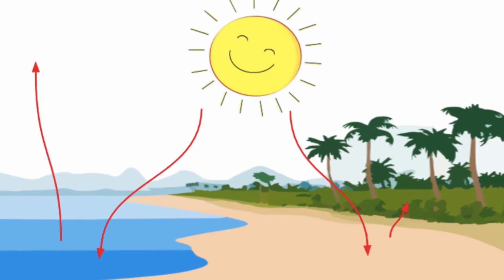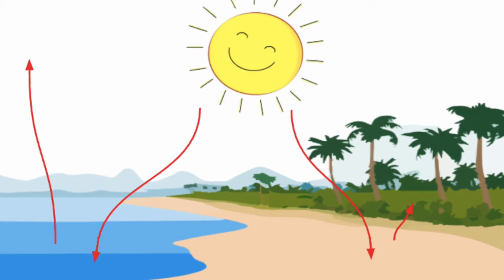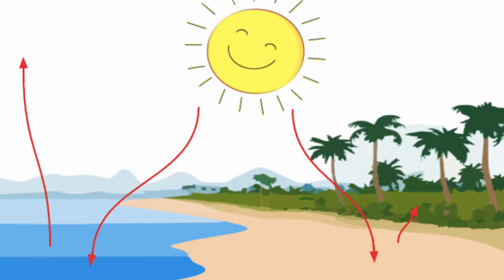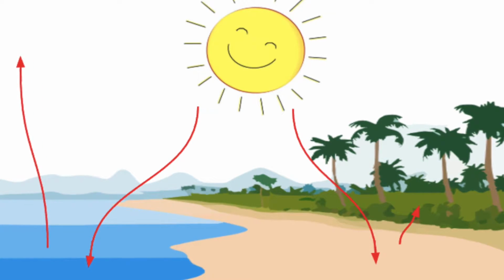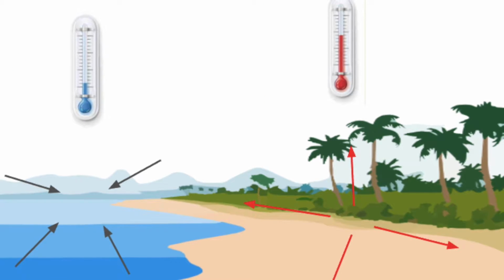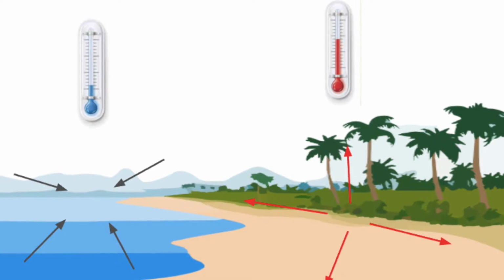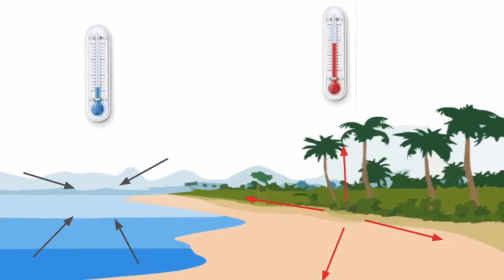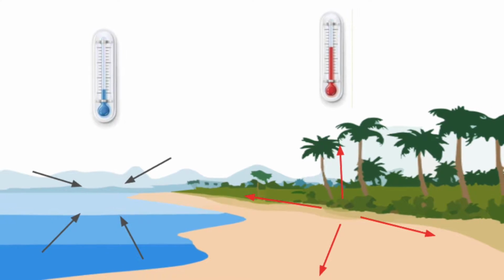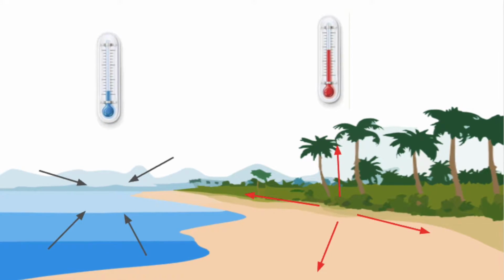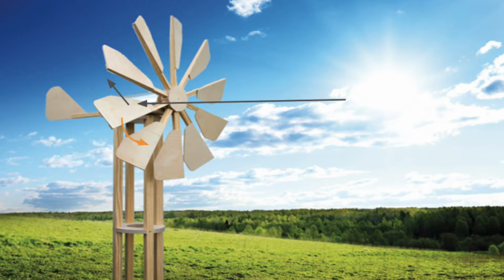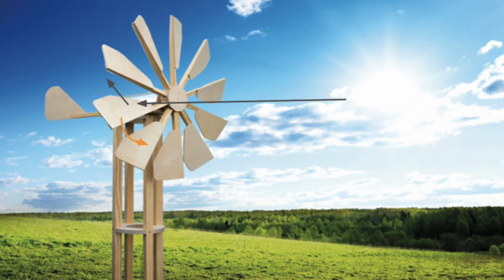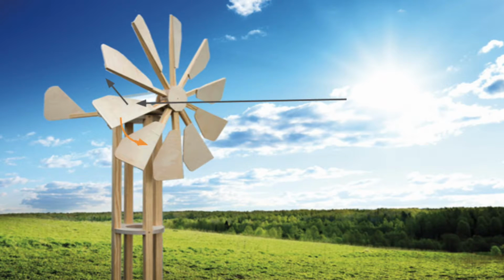Above the land, it gets hotter and a higher pressure is reached than over water. In order to neutralize these pressures, airflow originates. That is what we call wind. If there are windmills in windy areas, the wind hits the wings of the windmill.